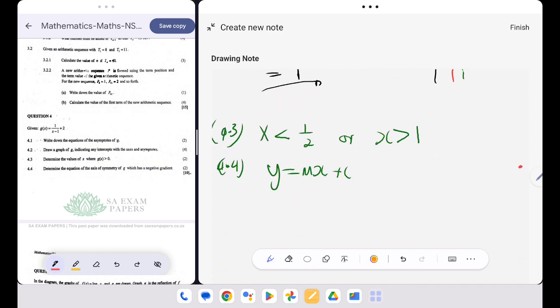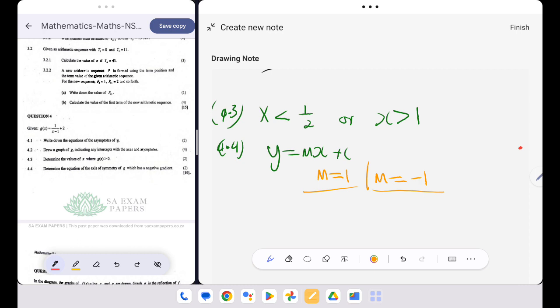For the axis of symmetry, whenever it is on the hyperbolic function, please note that the gradient is always 1 or negative 1. You don't have to calculate the gradient. When they tell you to write the equation of symmetry that is a negative gradient, this is your gradient. Whenever they tell you to write the axis of symmetry that is a positive gradient, this is your gradient.